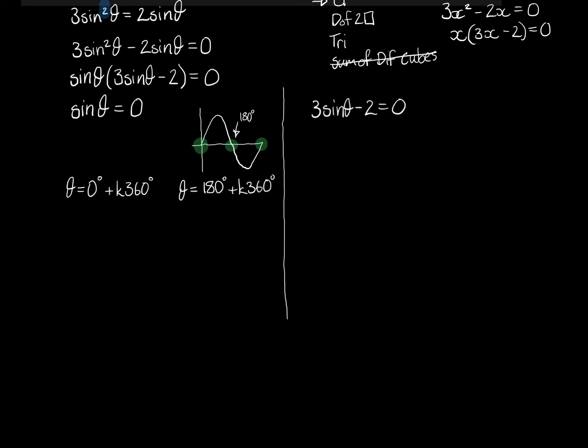Okay, but then on the other side, I have to do some manipulation first. So I'm going to start by adding 2 to both sides, and then I'm going to divide by 3 on both sides so that I have sine theta equals 2 over 3.